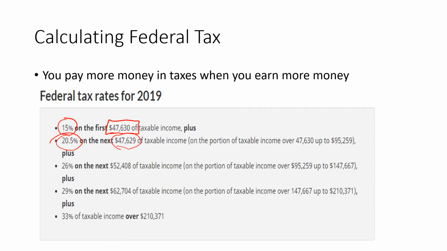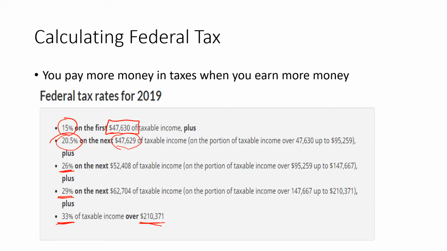And the more money you make, your taxes go up. Okay, now it must seem like a lot, like 33% of the money you make you have to pay in taxes. Yeah, but this person right here who is paying 33% isn't making $210,000. That is on the next chunk of money.